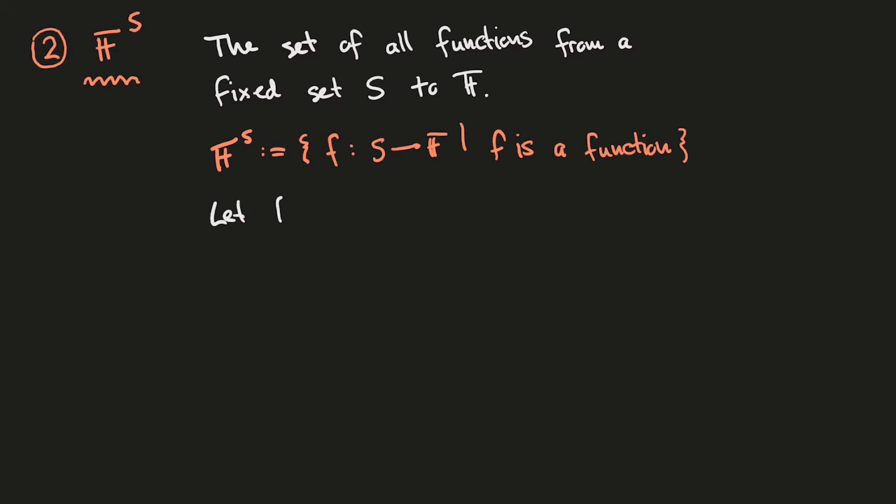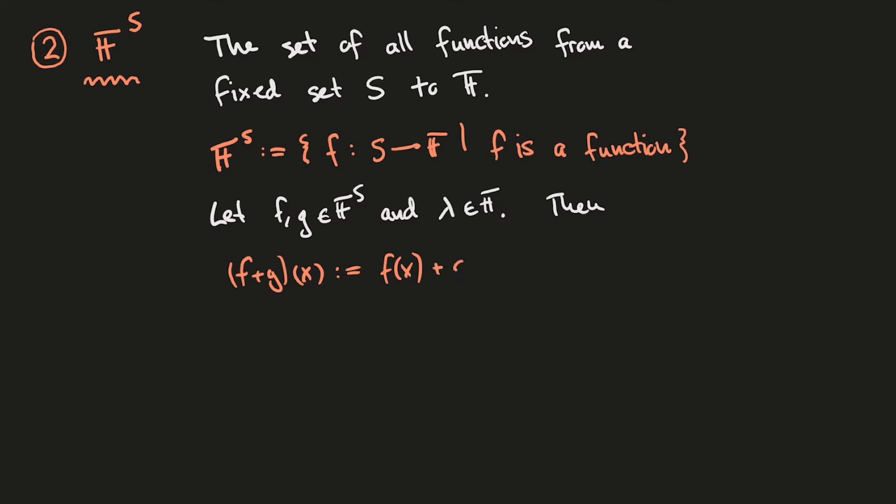So let f and g be elements of F^S, and lambda be an element of our field F. Then we make the following definitions. We define the function f plus g of an element x of S to be simply the sum of f of x and g of x.